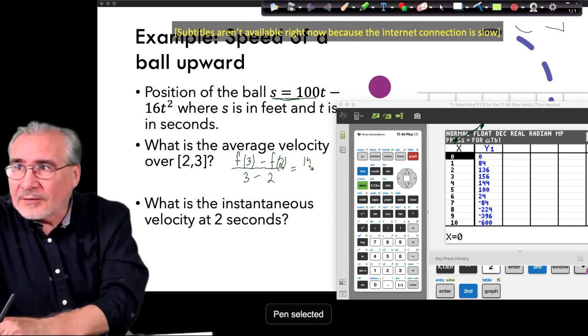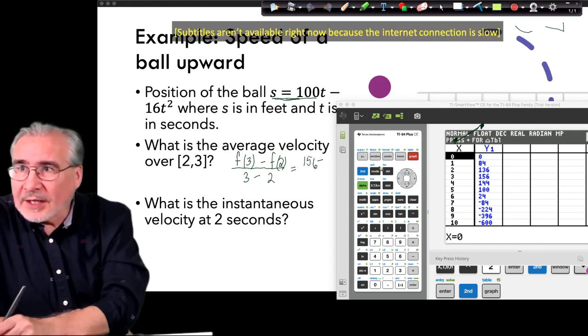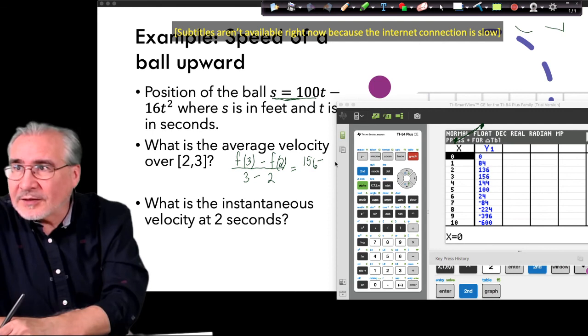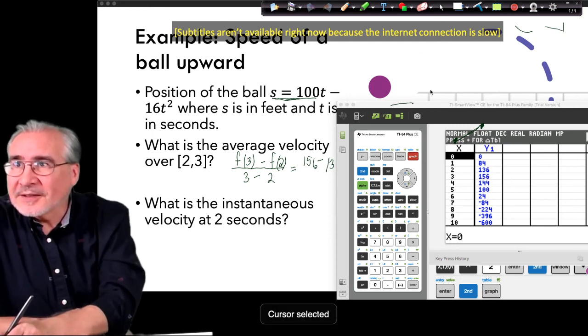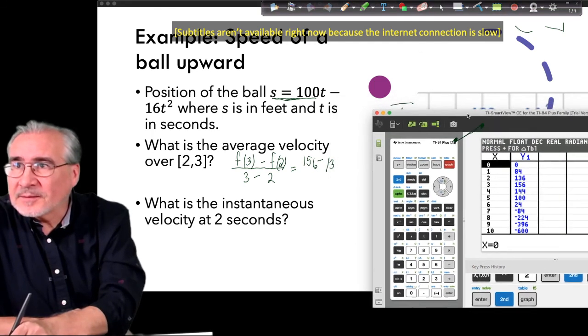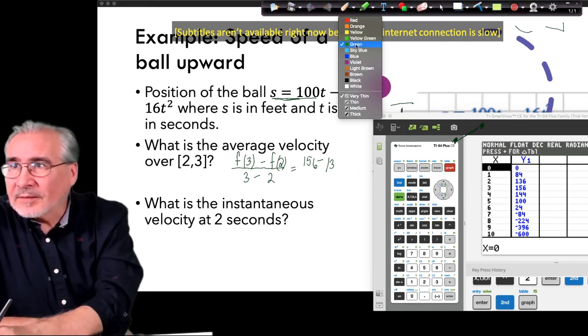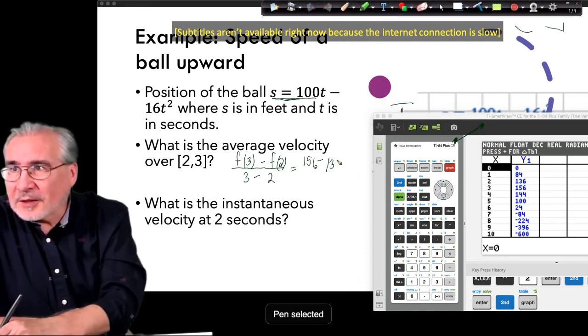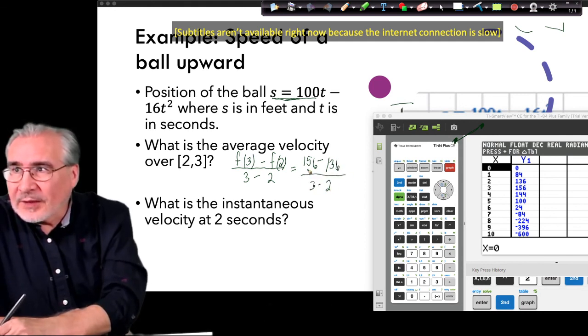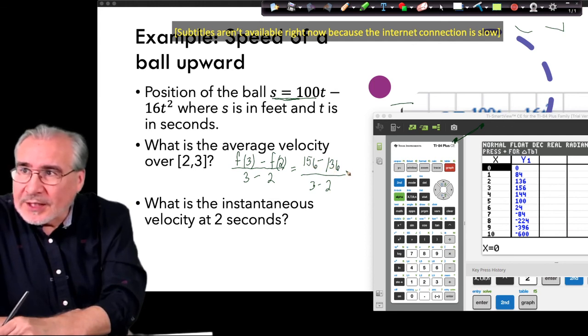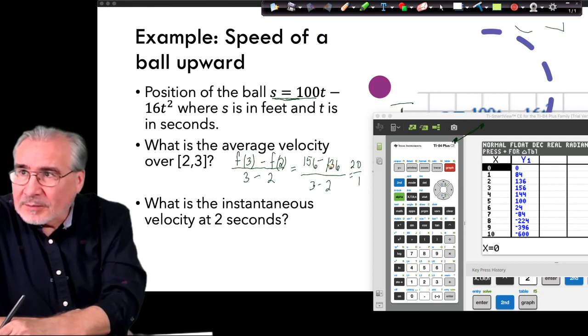So we get 156 minus f of 2, which is 136, over 3 minus 2. And remember, you can speed this video up if you need to. So that looks like 20 over 1, positive 20 over 1.